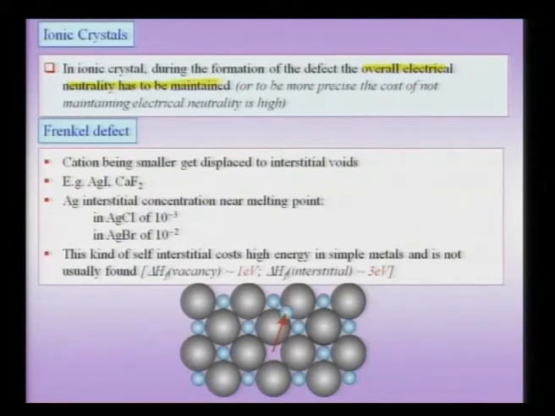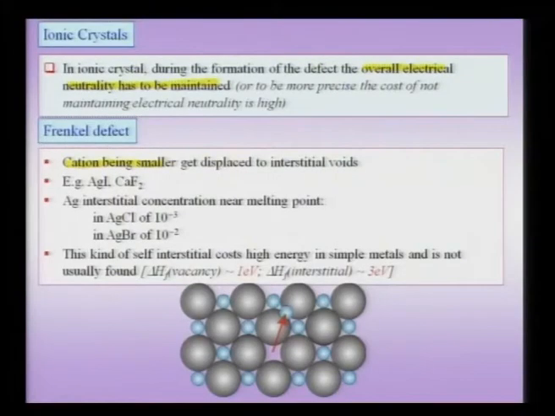The first defect I consider, which we did not consider in the context of metals because there was no analog, is the Frenkel defect. In a Frenkel defect, typically the cation gets displaced and goes into an interstitial position. In normal terminology this is called a self interstitial.